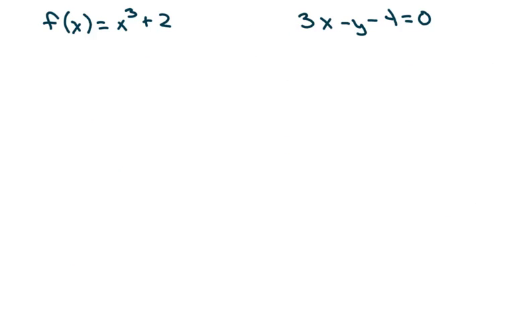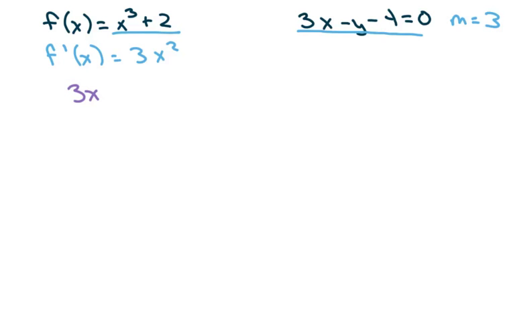The next one is here. The slope is the same as last time, so the slope of this equation is 3. And when you take the derivative, we still get 3x squared. So you equate the two, and we get 3x squared equals 3, so x squared equals 1, so x equals plus or minus 1.